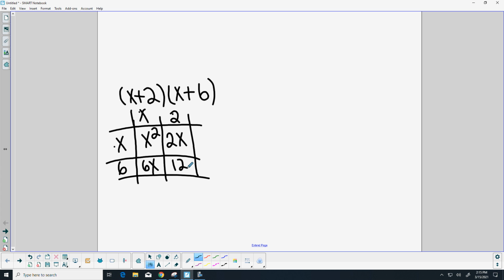And you would write it out as x squared plus 2x plus 6x plus 12. And then you would combine your like terms, and you would get x squared plus 8x plus 12.